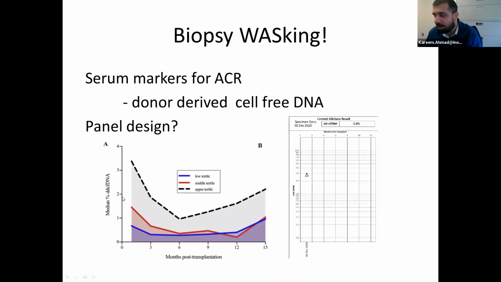And you guys will see that we're using this also as a marker of allograft dysfunction. Up front in the immediate post-operative period, there's a range, but it lands somewhere between 1% and 2%, and usually by 9 months or so it has reached a nadir, a low level that it should be sustained at.